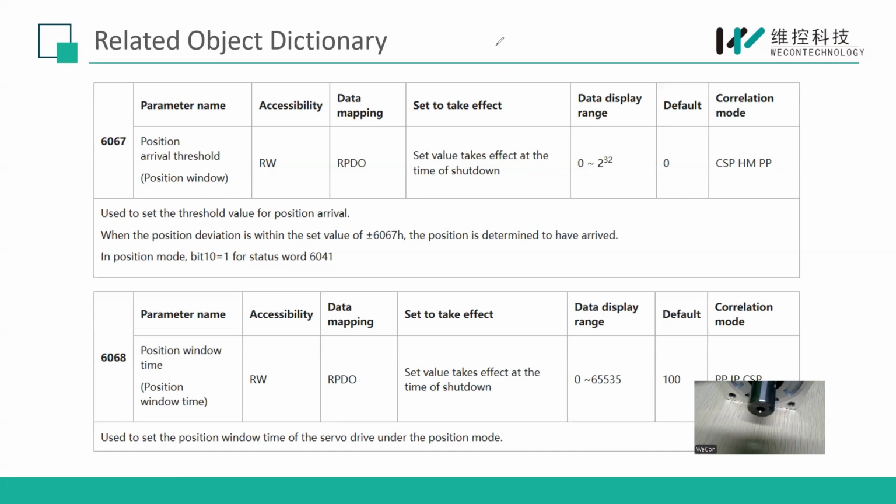For example, we set this value as 10, and if the target position is 100, and when the motor position is between 90 and 110, when the actual position is in this range, the driver will judge that this position is finished.